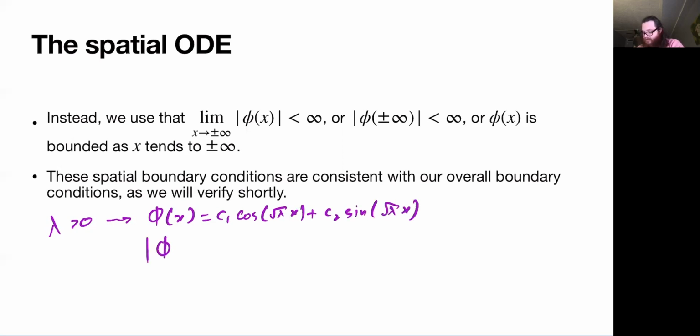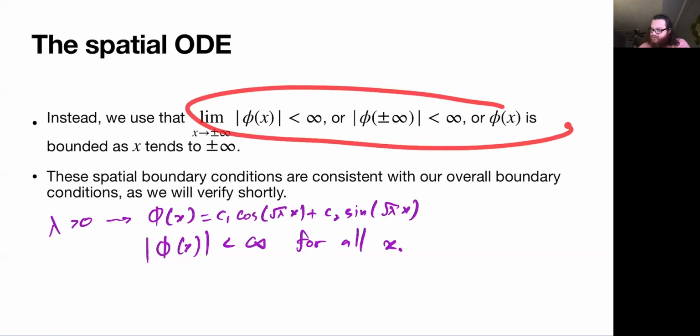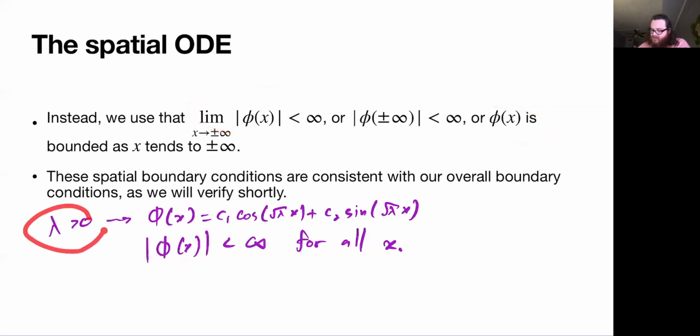The absolute value of phi is finite for all x, especially as x goes to plus or minus infinity, just because cosine and sine oscillate between +1 and -1. So with these boundary conditions, lambda positive is a viable solution.